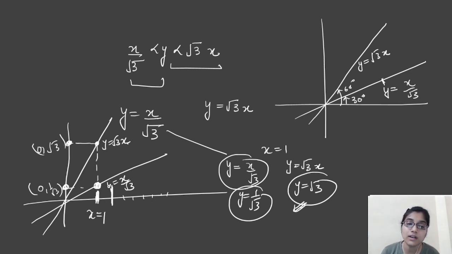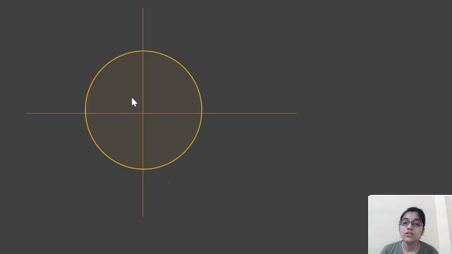Now we will draw our region of integration. So this is our circle, these are our x and y axes, and this is very important: you should understand that here the boundary of the circle is not included. We only have the interior, because it is given that x square plus y square is less than 1.